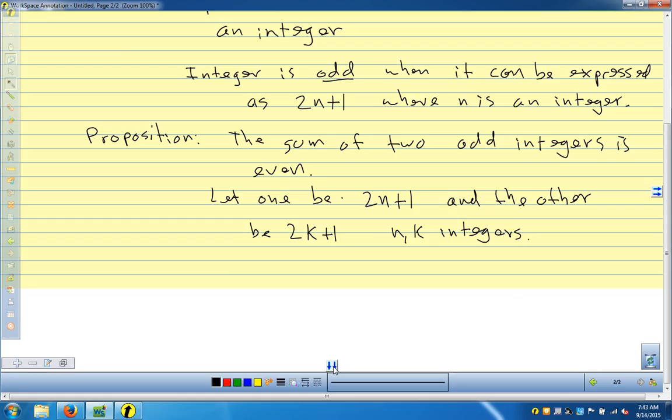And then let's add them together. 2n plus 1 plus 2k plus 1 equals, when I add these together, I get 2n plus 2k plus 2.